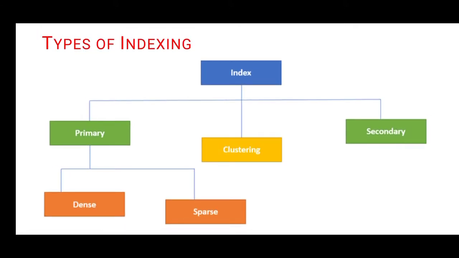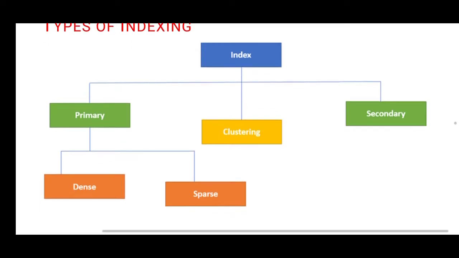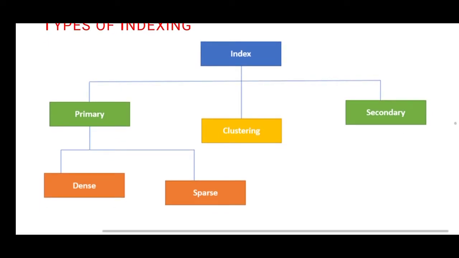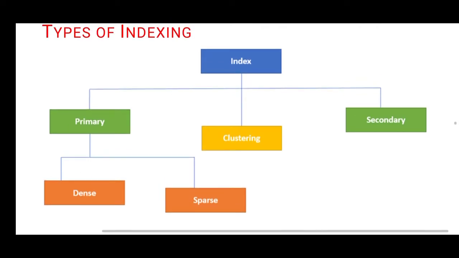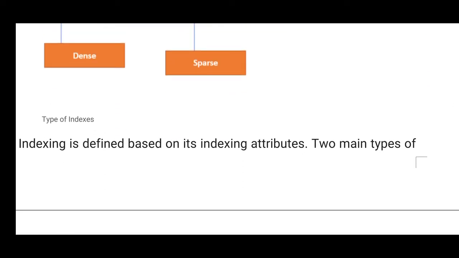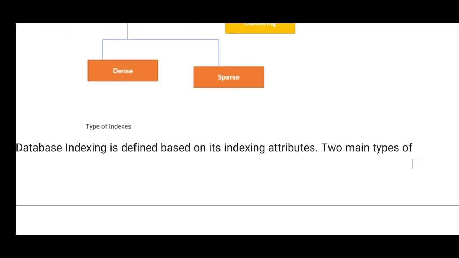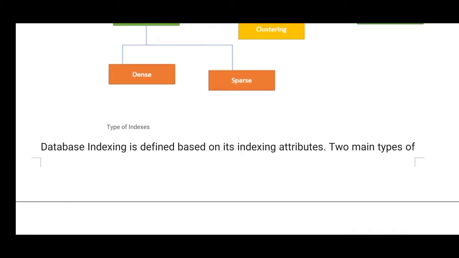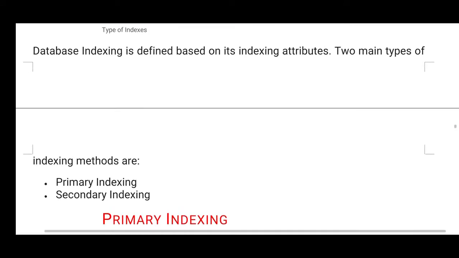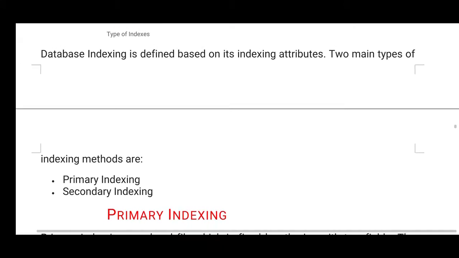Then the secondary index, in yellow color, and clustering. In primary indexing, we have dense and sparse. Database indexing is defined based on the indexing attributes. Two main types: the first one is primary, the second one is secondary indexing.